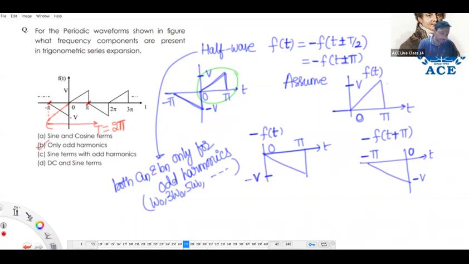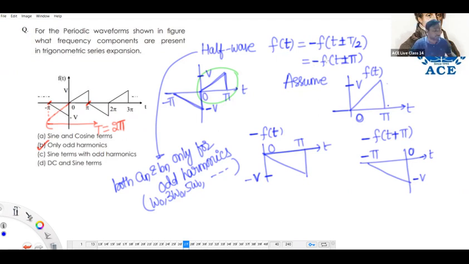By direct observation, we felt there is no chance for evenness and oddness. That is the reason we verified half wave. How to check half wave, sir? Within the time period, if you take the upper segment as reference, from that you have to generate the lower. I assumed the 0 to pi segment as reference, the upper segment. From that we reproduced the lower segment, which satisfies this condition.